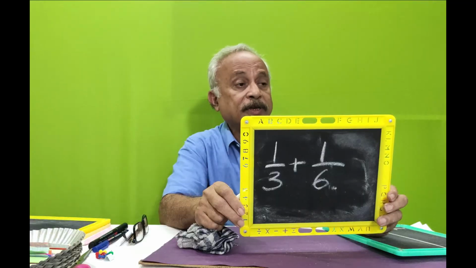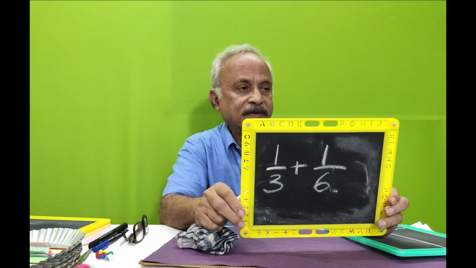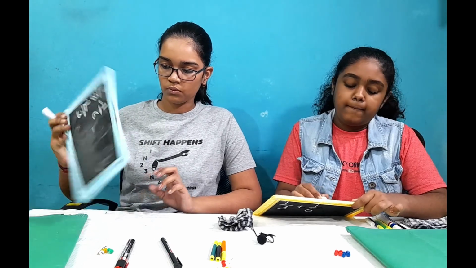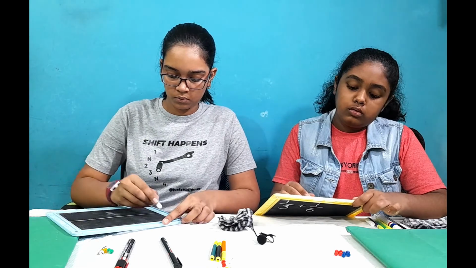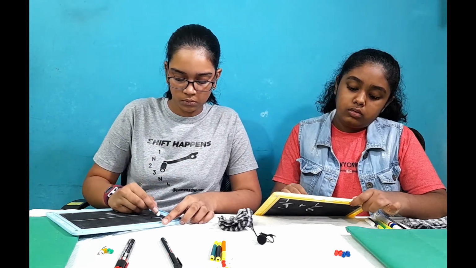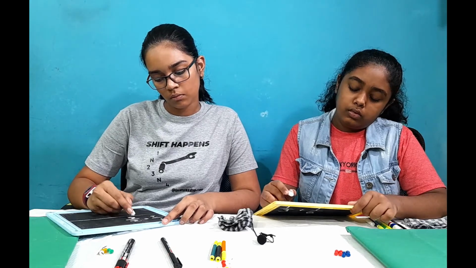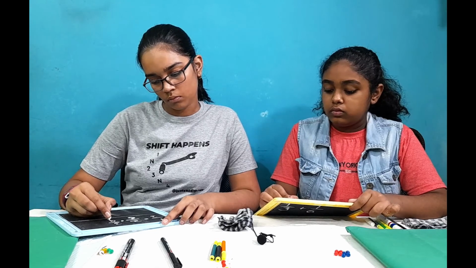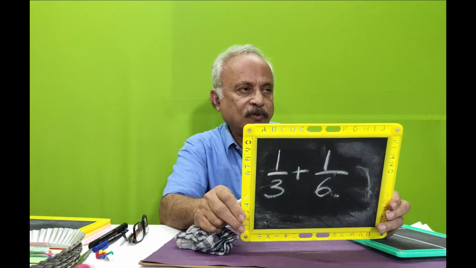So again, write all the equivalent fractions for 1 by 3, and do the same for 1 by 6.